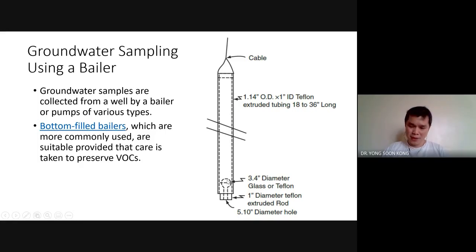Usually when we talk about water sampling, we're not collecting 100 mils, we're collecting probably 20 to 50 liters, just in case anything happens, so we still have some stock and no need to go back and repeat the sampling. Okay, so this is method number one. This baler can be used to sample any groundwater, no need to worry about what kind of pollutants, VOC or heavy metals.